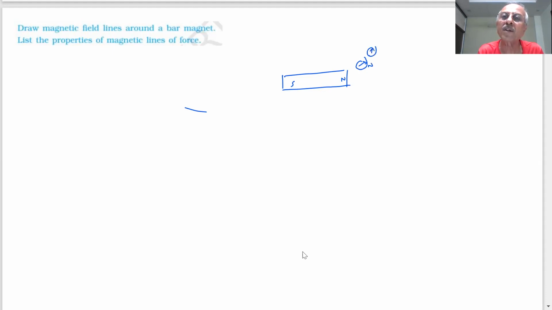Put the compass needle near the magnet and see what type of pattern you get. You will observe such patterns of magnetic lines of force. When you use a bar magnet, you will get the lines of force coming in this direction.